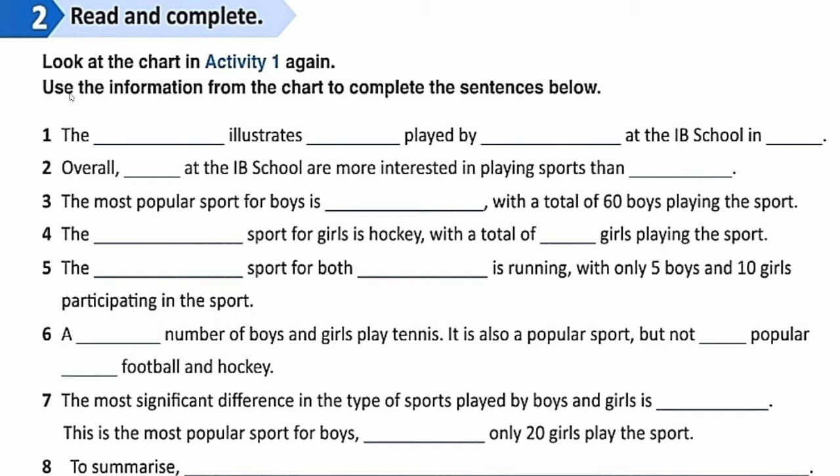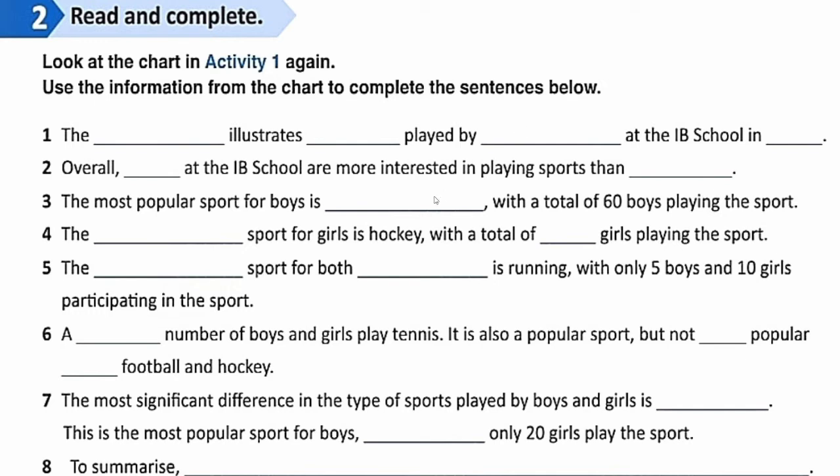So, look at the chart in activity 1 again. Use the information from the chart to complete the sentences below. You can stop the video, do this exercise by yourself, then try to check your answers from this video.